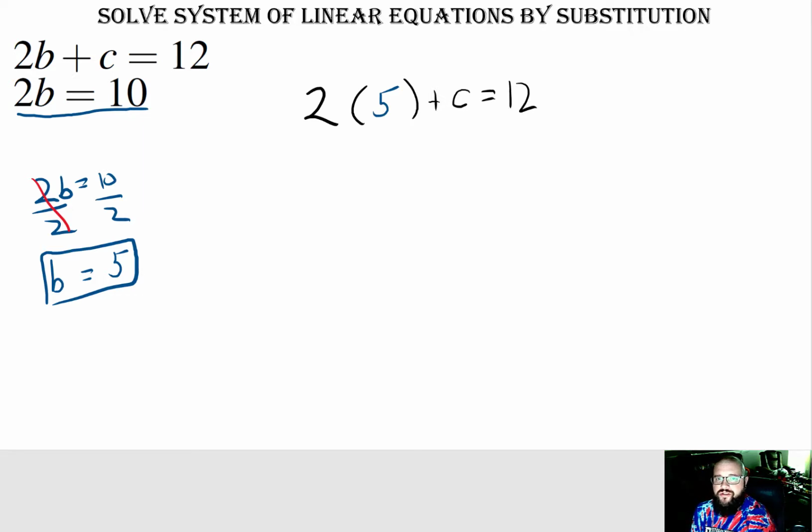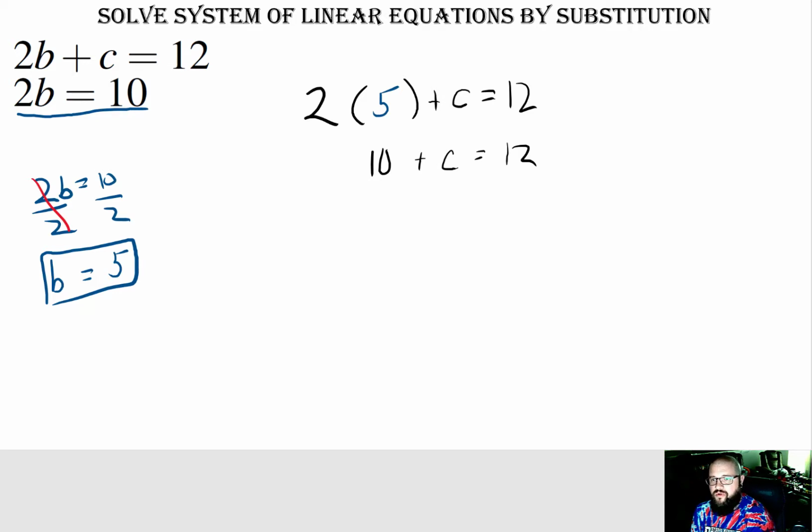Now we're going to solve for c. First, let's simplify: 2 times 5 is 10, so 10 plus c equals 12.